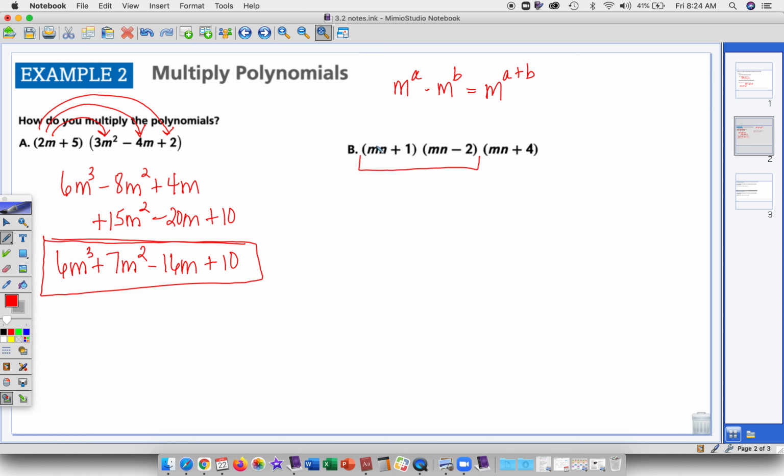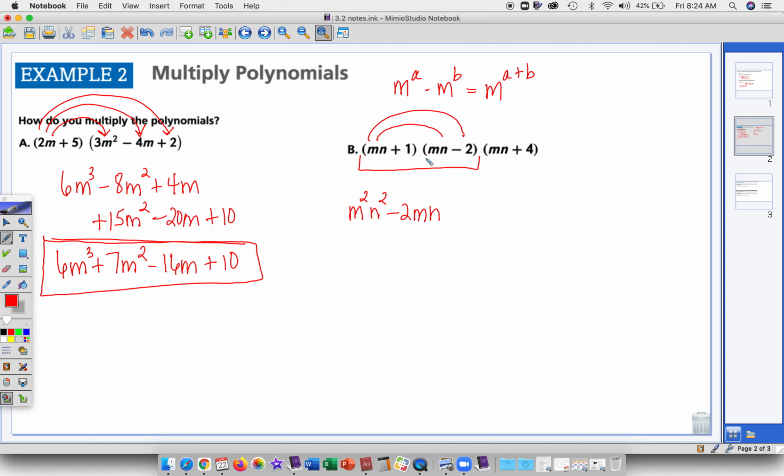So I'm going to multiply mn times mn. So again, when it's a product and we have like variables, we add up those exponents. So this just becomes m squared, n squared. Okay, so that's my first terms. Then my outers, mn times negative 2 is negative 2mn.